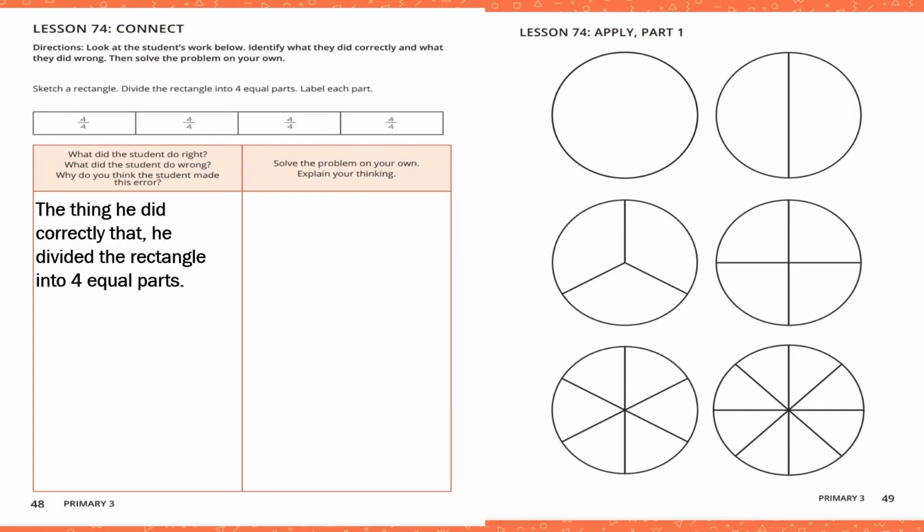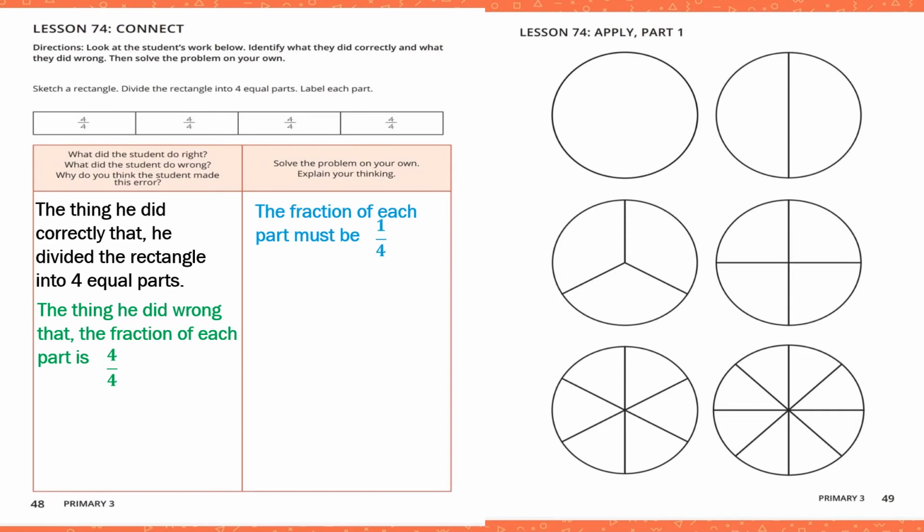The student divided the rectangle into 4 equal parts. But he wrote something wrong. He wrote the fraction of each part as 4 over 4, and it's not right. The right fraction of each part must be 1 over 4, like this.